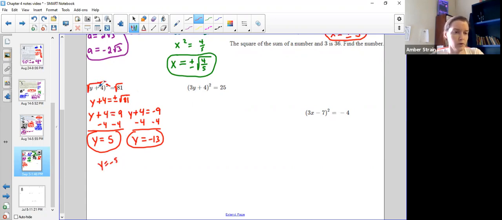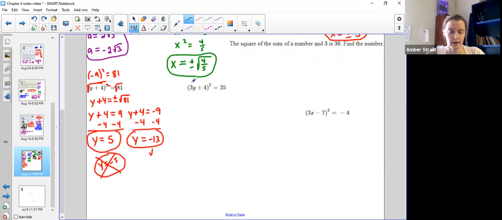Minus 5 plus 4 would be negative 1. Negative 1 squared is not 81. So even though it seems like this should have been the answer, it is not. It did not work out. But negative 13 plus 4 would be a negative 9. And negative 9 in parentheses squared does make 81. So this one checks out.